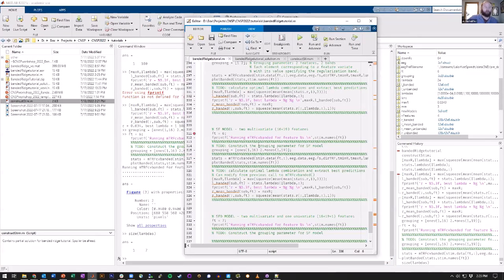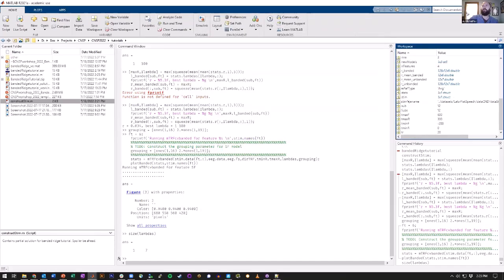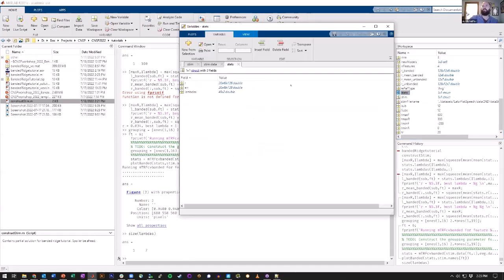And I have deleted something in here. Yes, okay. When you do a 2 feature banded, it will do the number of lambdas raised to the number of bands. So that's why in this stats, it is 49.